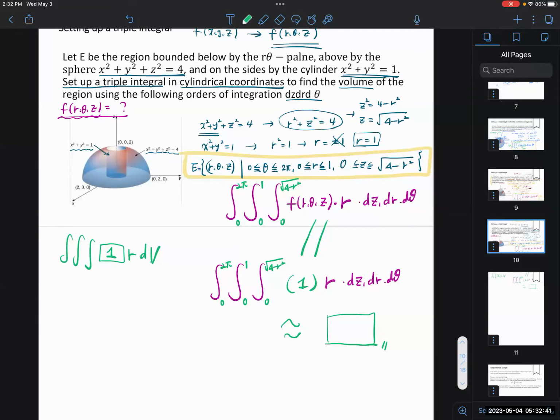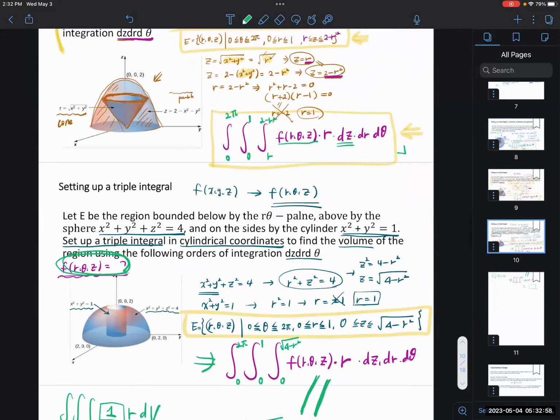But since they're just asking you to set up the triple integral, I can stop here, but both of them have the same meaning. Unless they give you the function, usually you begin with the 1. Same thing here. If this equation is the same as 1, you can begin with the 1, and then you can calculate it.